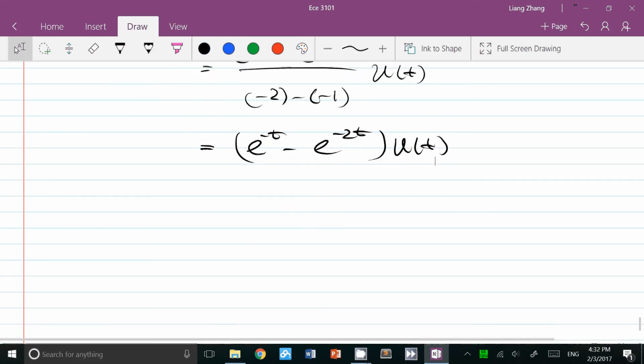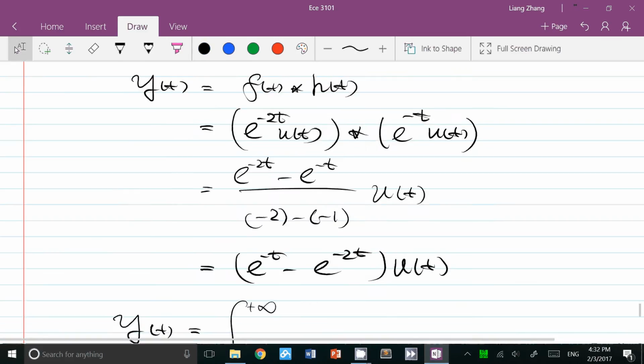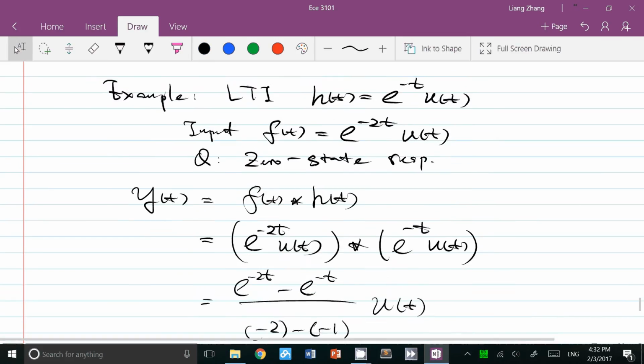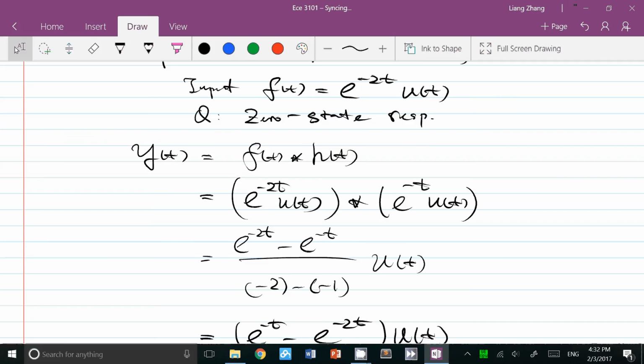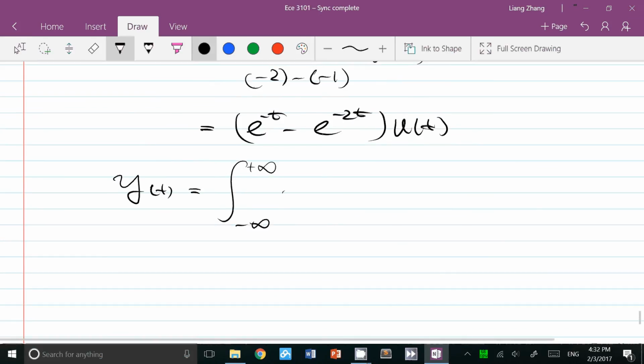Now, if you don't feel like using the table, you can use your hardcore math based on the definition of the convolution integral. Meaning you have f of tau, and you're given f of t. To write f of tau, you just have to replace the time argument t with tau. Negative 2 tau u of tau. And then h of t minus tau.